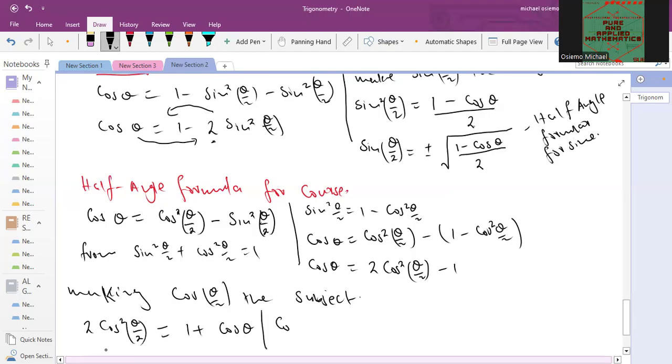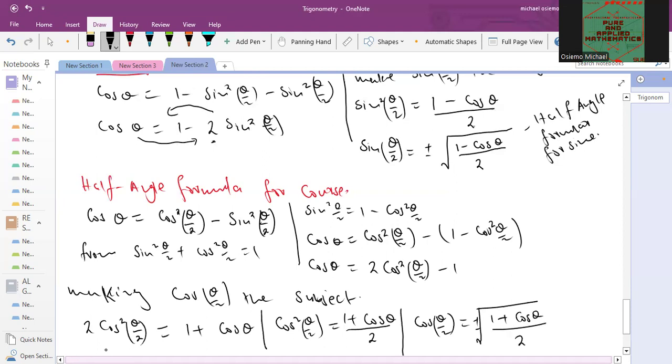So cos squared theta over 2 is equal to 1 plus cos theta, all divided by 2, implying that cos theta over 2 is equal to plus or minus the square root of 1 plus cos theta over 2.